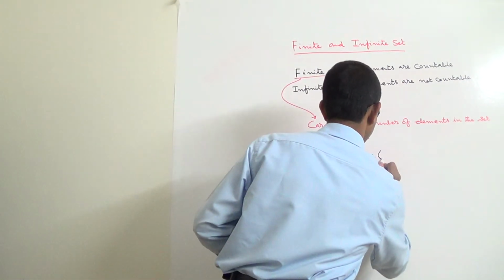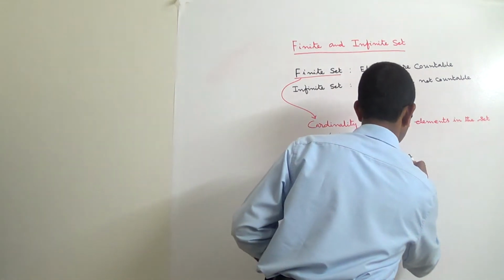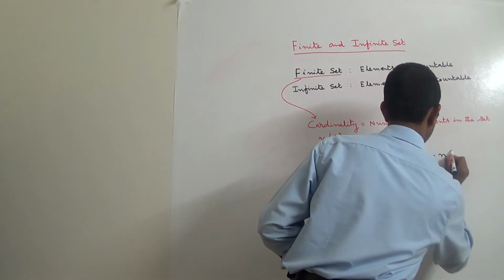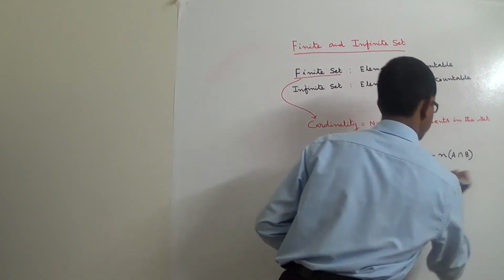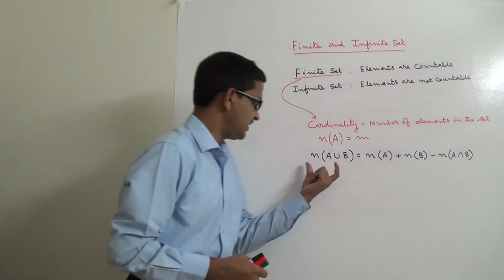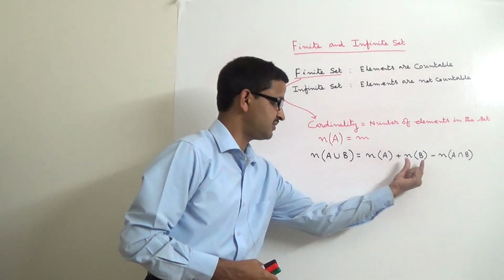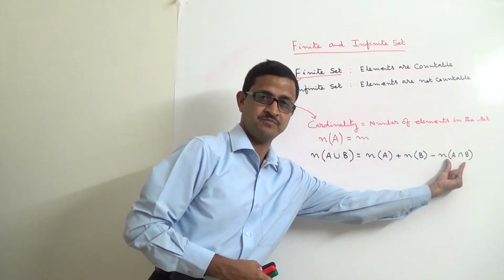It is n of A plus n of B minus n of A intersection B. So n of A union B is equal to n of A plus n of B minus n of A intersection B.